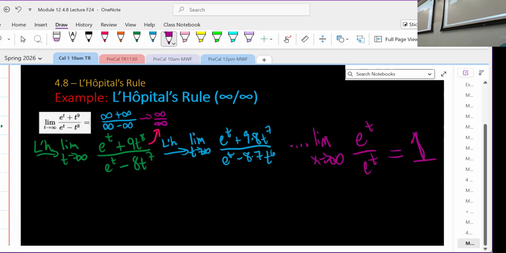So e to the t versus any polynomial, e to the t will always eventually outgrow a polynomial. It may take a really large input value for e to the t to be bigger, but it will eventually always be bigger than any polynomial. Even t to the 1,000,000th power, it takes some ridiculously high values, but eventually e to the t will be bigger.